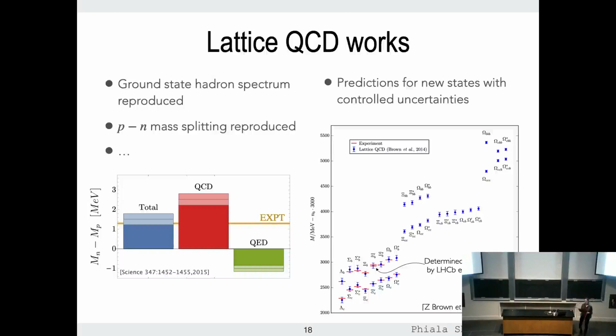Now, you can measure that very precisely experimentally, right? But what you can get from a theory calculation is an understanding of where that comes from as the very precise cancellation of the strong force pushing it one way, the electromagnetic interactions pushing it the other way to give you a cancellation that reproduces exactly, the yellow band is experiment, what you measure in nature. Right? We can see where this comes from.